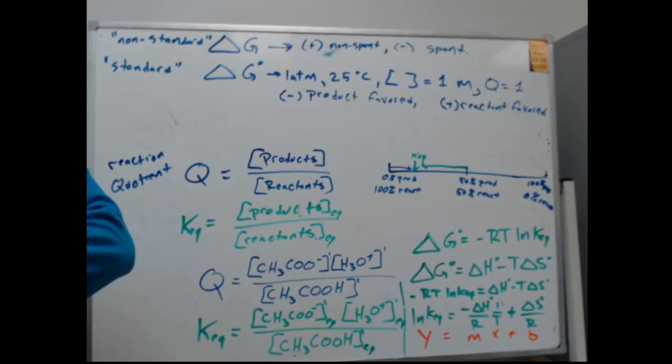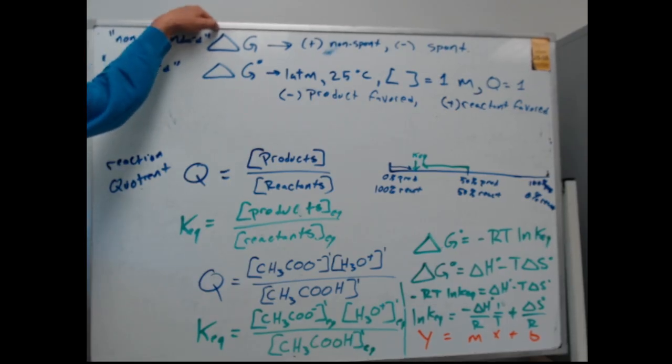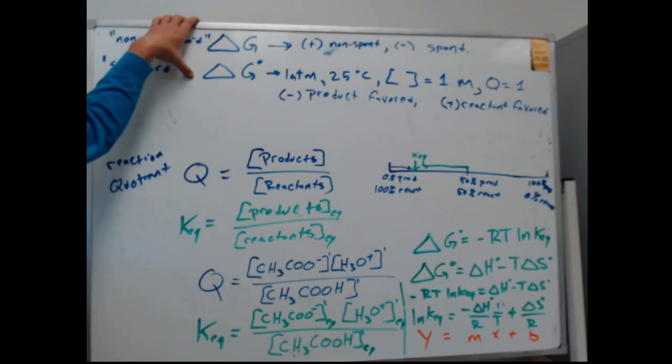So there's going to be this important switch. I'm not going to get into the extra equation, but that's the short version of it. What's the sign of delta G? That gets us spontaneous versus non-spontaneous. What's the sign of delta G standard? That gets us product favored versus reactant favored.